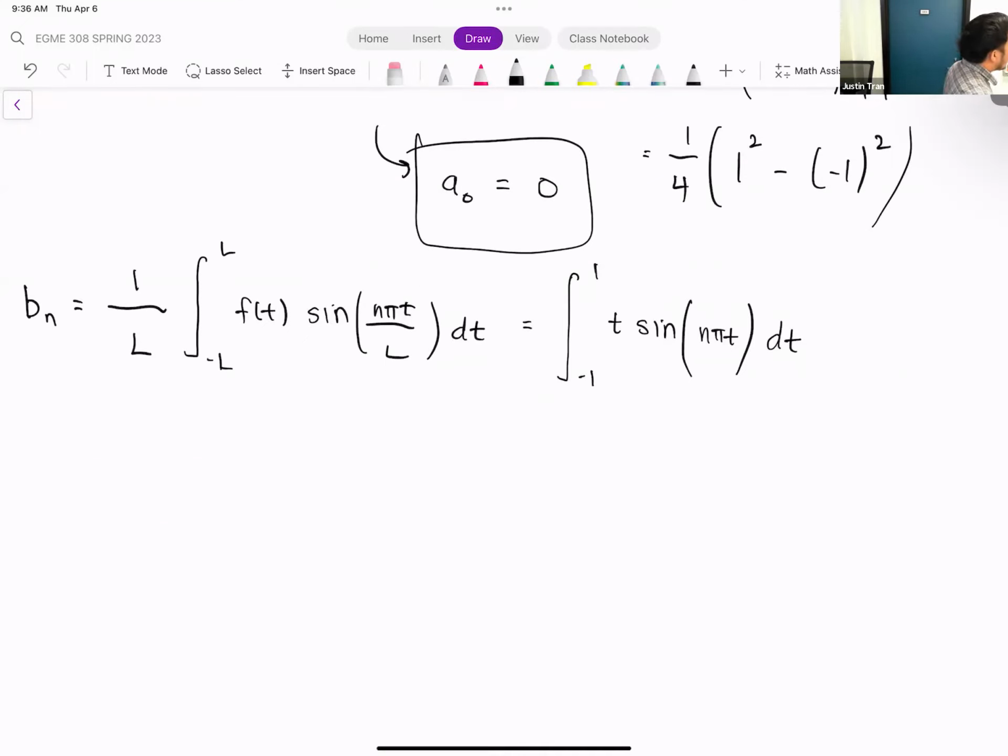So we have an integral here that we're going to have to do by parts. So we have t sine of n pi t. So let's integrate this by parts, and so we have u, u is equal to t.